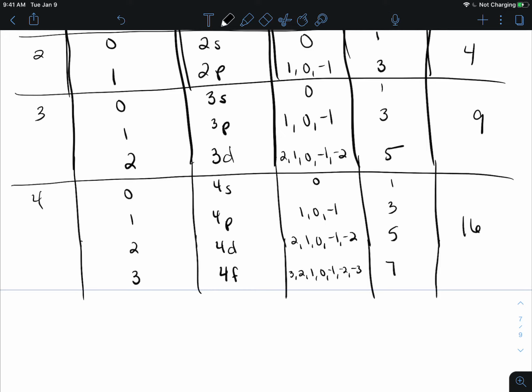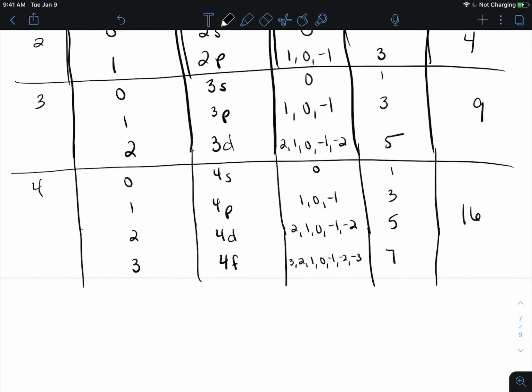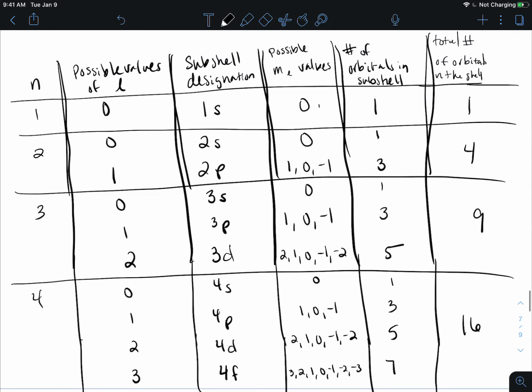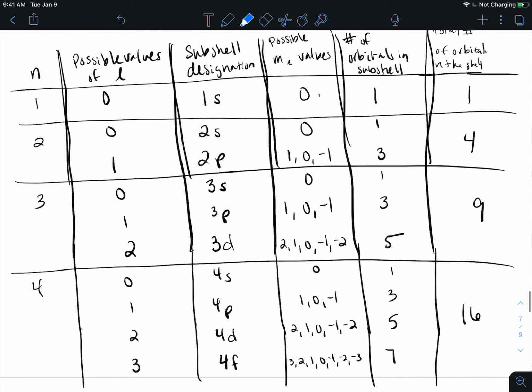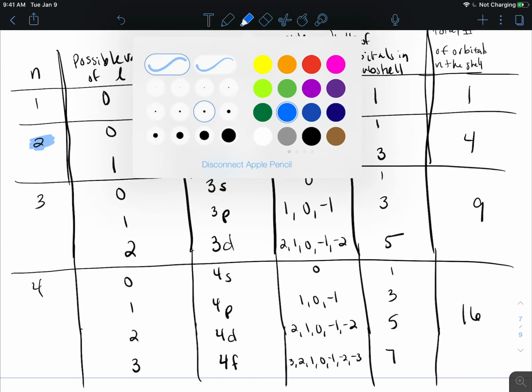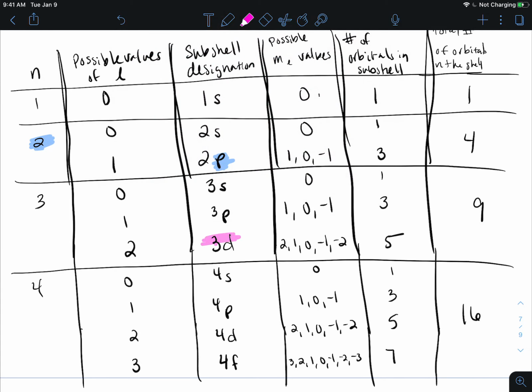So it's pretty easy to solve for the quantum numbers of any orbital. We are also going to have some things to think about when we're doing this, making sure that we don't start seeing p until we get to n equals 2. We don't start seeing d until we get to n equals 3.